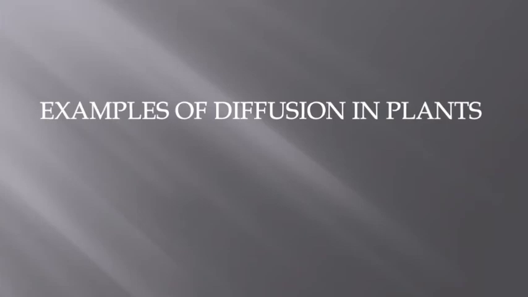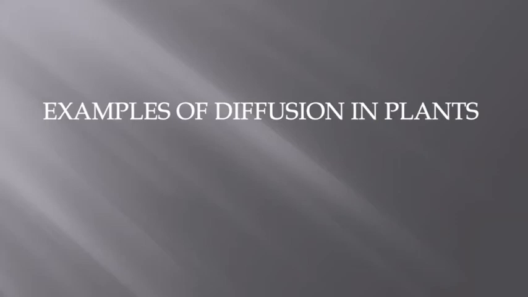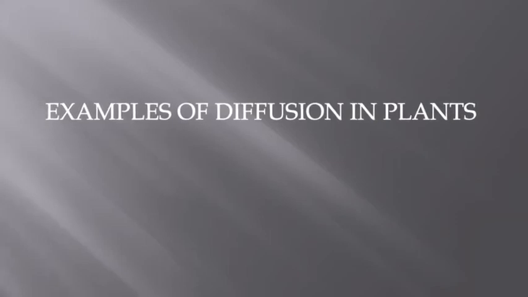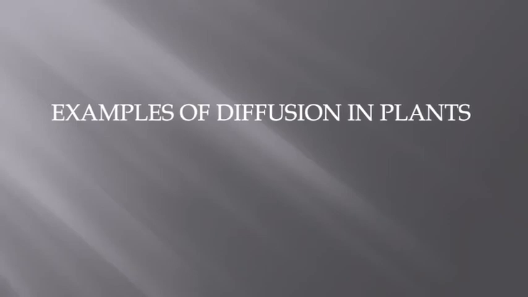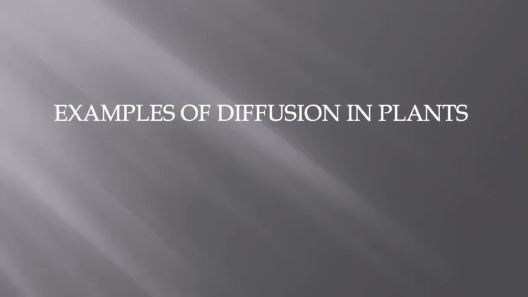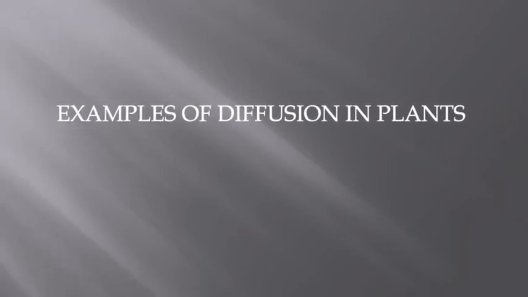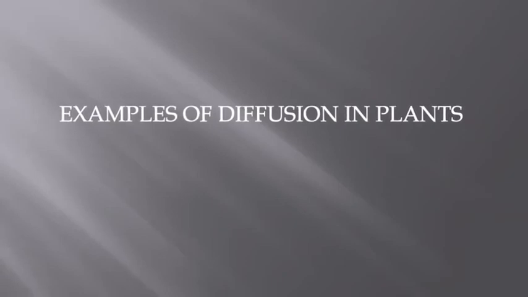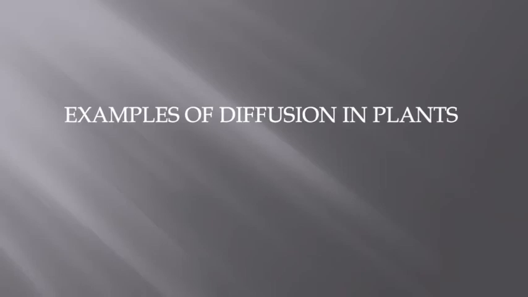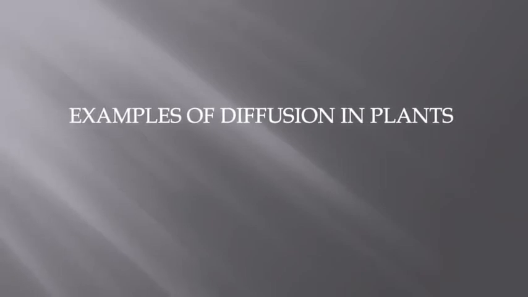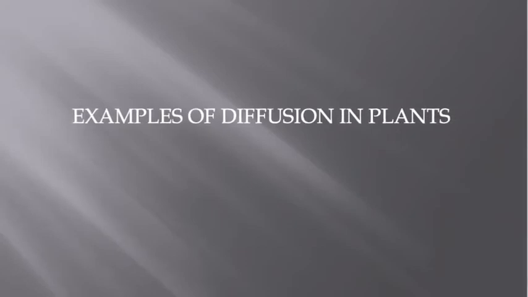Let us now look at examples of diffusion in plants. Since the process of diffusion takes place in living organisms, there are typical examples of diffusion in plants, which ensure that the processes in our bodies are able to take place.